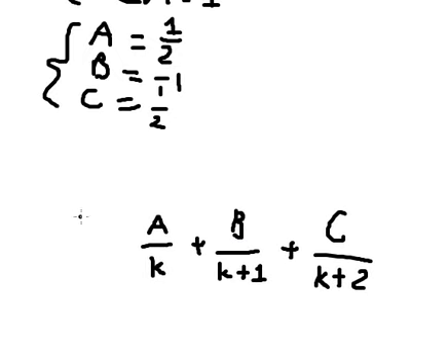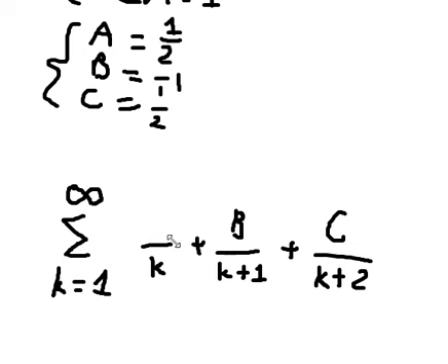So we put the summation from k equals 1 to positive infinity. For A, we have 1 over 2. B is negative 1. C is 1 over 2.